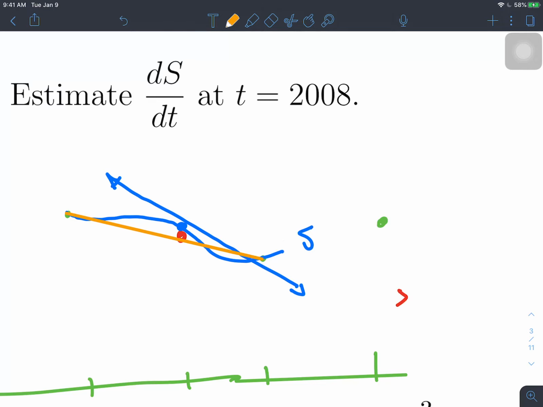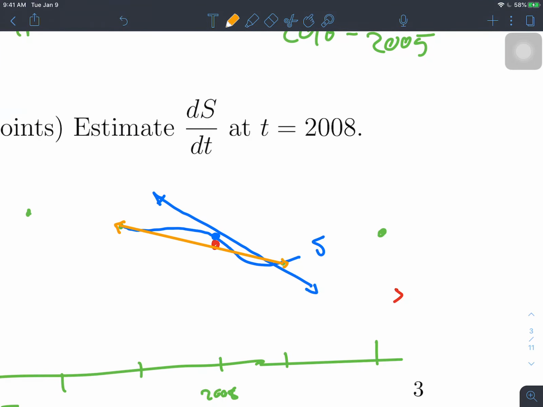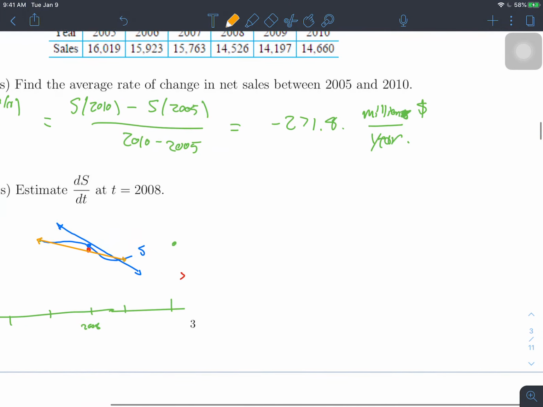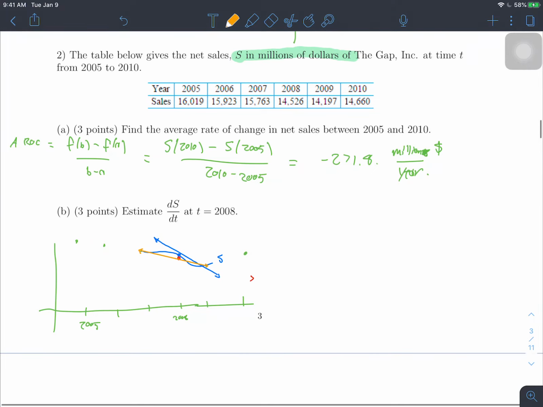And we're going to say that the slope of the blue line is not too different from this line, which is connecting these 2 points which are to either side of our point of interest.